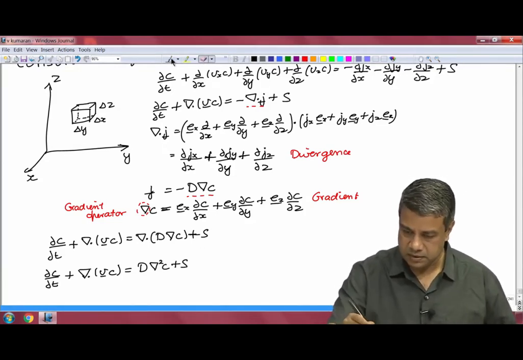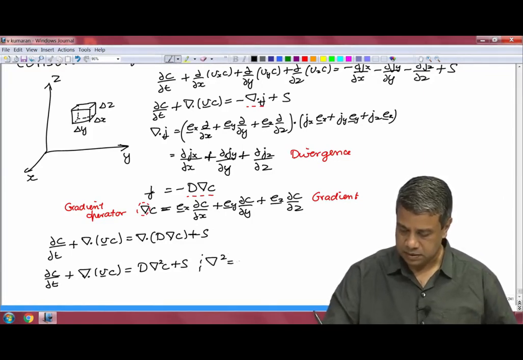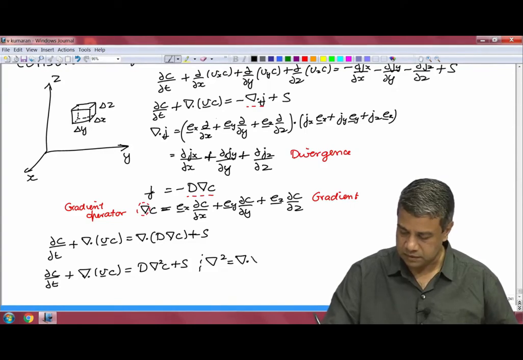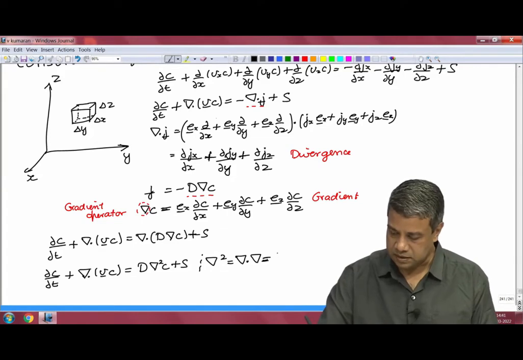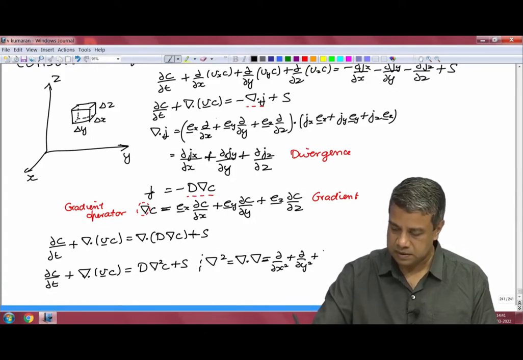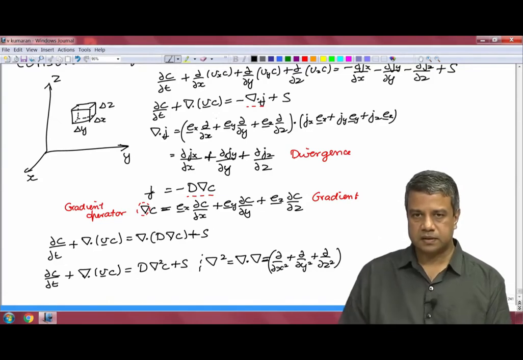Where this del square is the Laplacian, okay, which is the divergence of the gradient. Okay. And if you expand it out, it is easy to see that this is partial square by partial x square plus partial square by partial y square plus partial square by partial z square. Okay. So, that is the expression.